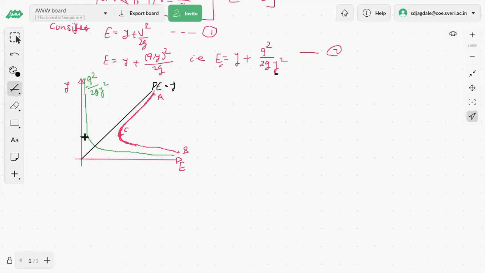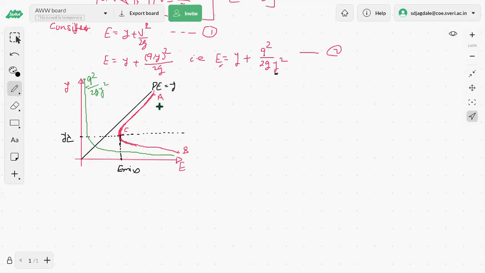The point C represents the point of critical energy. The specific energy E related to this point C is called the critical energy, and the flow depth related to that is called YC. So I would like to write here YC. YC is nothing but the critical flow depth, and the associated specific energy is E minimum. This is E minimum.